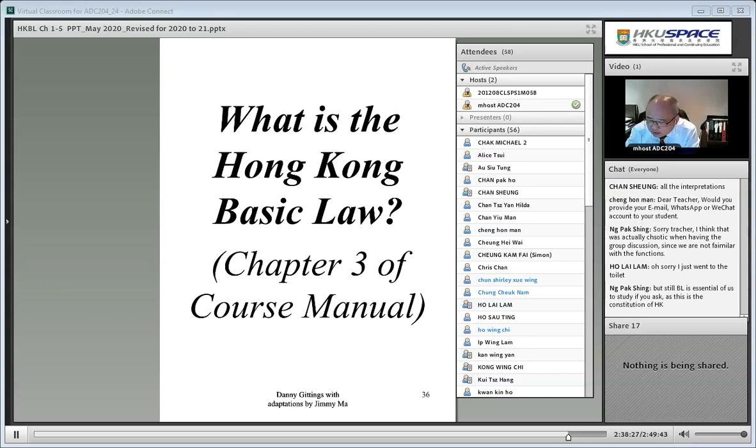So, in response to that, I think a more neutral term could be used, describing the basic law as a constitutional document for Hong Kong, 憲制性法律文件, or constitutional instrument of Hong Kong.